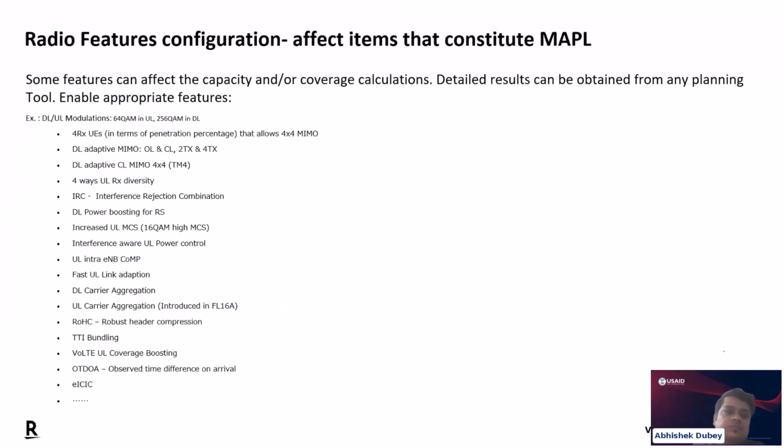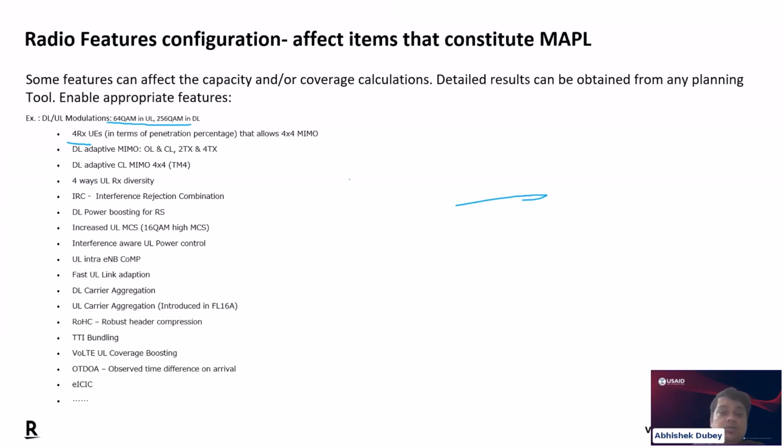There are some features which can also impact your MAPL calculation, like if you are using lower modulation schemes here. If you're using a lower modulation scheme, your coverage is going to increase. So that impacts your MAPL. If you're going to use more receivers in the UE, that also means the information can be more reliable, but you have to transmit from this port.